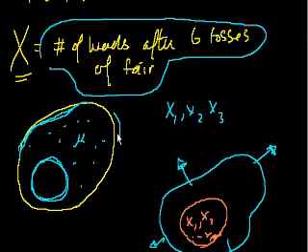And in this video, I'm going to introduce you to the concept of the expected value of a random variable. And it's nothing else. The expected value of a random variable is the exact same thing as the population mean. In fact, sometimes it's called a population mean.